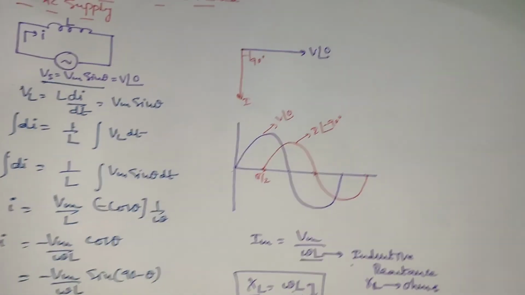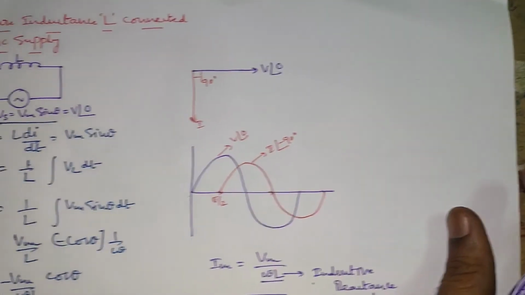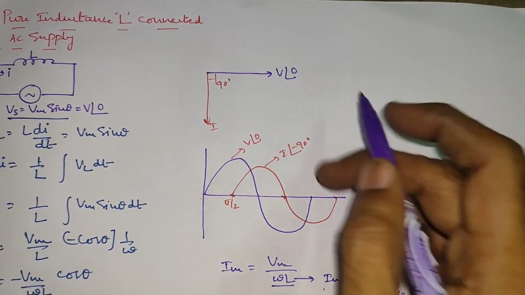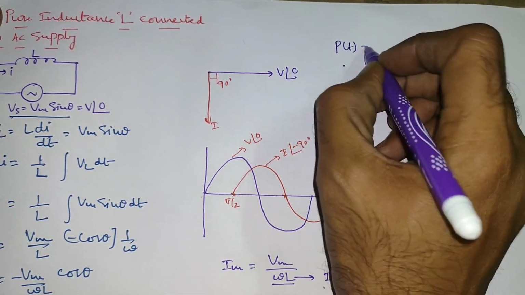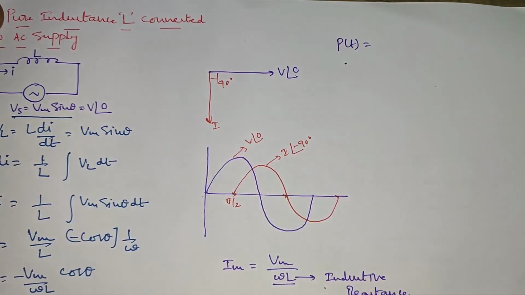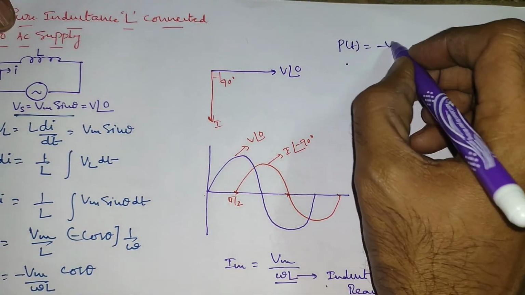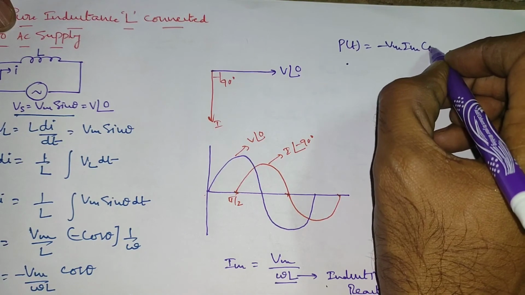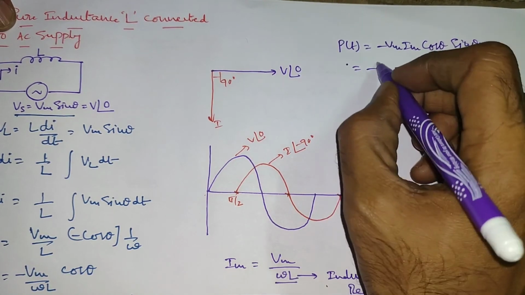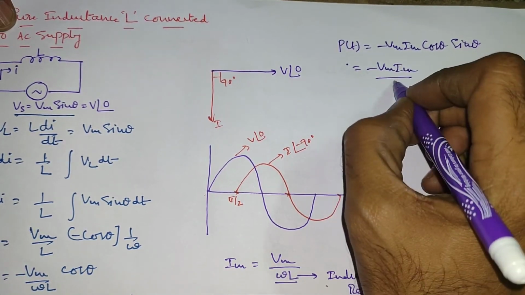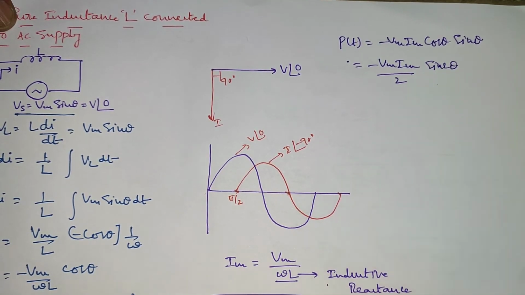Now let us go through the power here. The equation for power p of t is equal to the voltage Vm sin theta times the current Im sin of theta minus 90, or Im cos theta. So let me write down minus Vm Im cos theta into sin theta, and this can be written as minus Vm Im by 2 into sin 2 theta, because cos theta into sin theta can be written as sin 2 theta by 2.